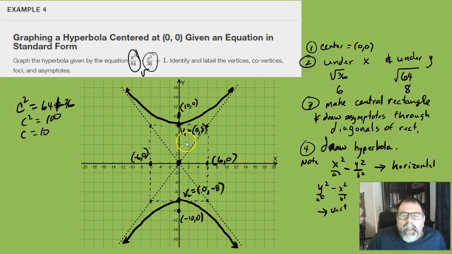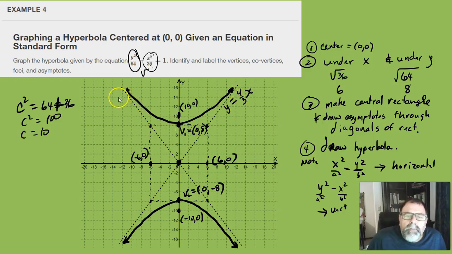And then my asymptotes. This equation goes through the center. So this is y equals b over a, or a over b, I guess. Doesn't matter. So y over x, slope. It'll be 8 over 6, which reduces to 4/3 x.